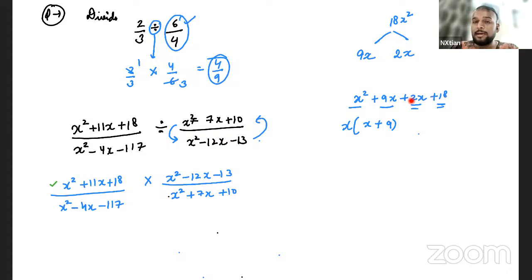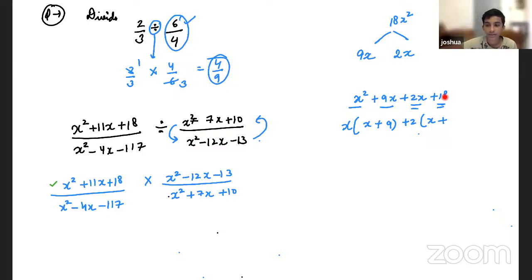They are both divisible by 2. Then you have to write plus 2 here. From this only 2 is out. So what will remain behind? x plus, from 18, 2 is out.